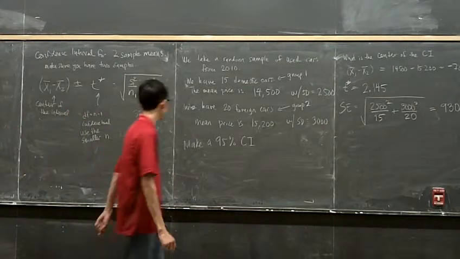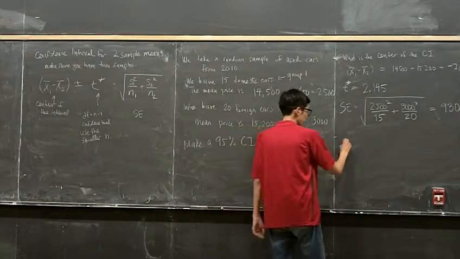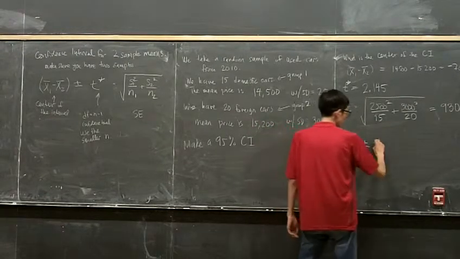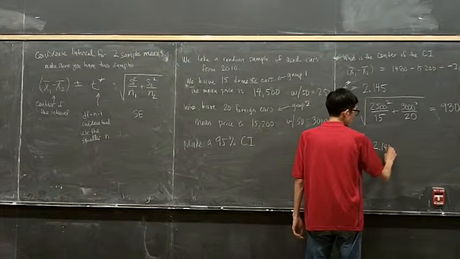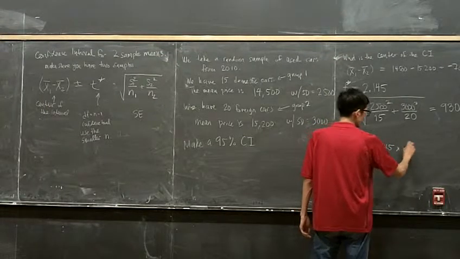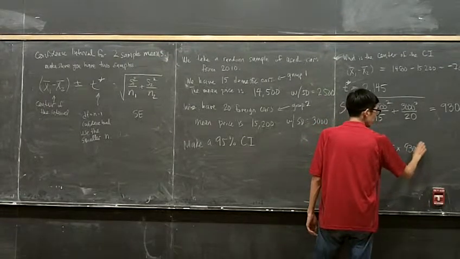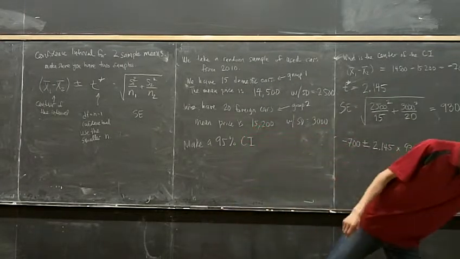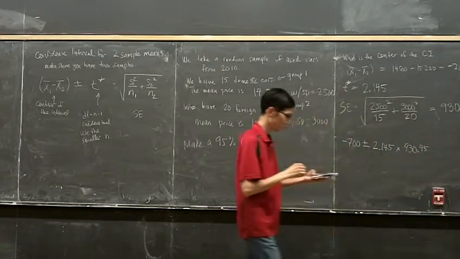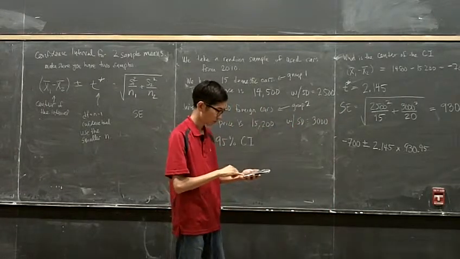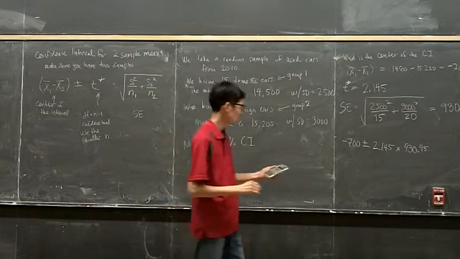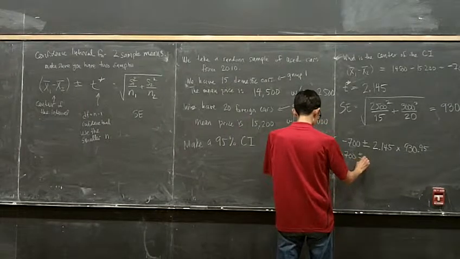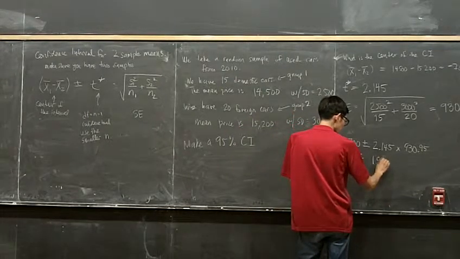Okay. So my confidence interval is minus 700 plus or minus 2.145 times 930.95. Okay, so I have minus 700 plus or minus 1997.